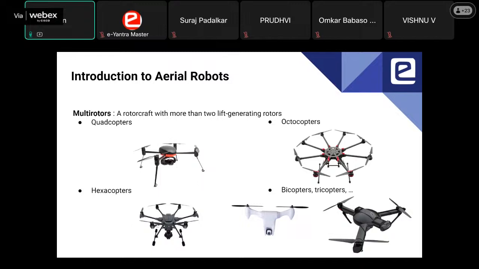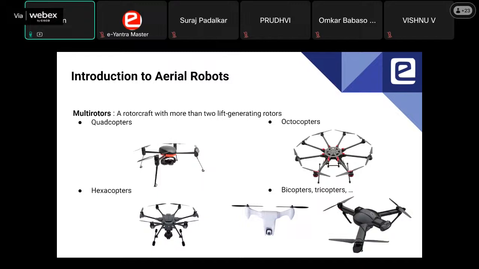But when you come to hexa or octocopters, the addition you are getting is you can lift more weight. These can be used in a situation where you have to lift a heavy payload, or you need a very stable flight, in the sense that even if one of these rotors were to fail in the middle of the flight, the remaining seven rotors here, or the five here, can manage to keep the drone in a stable hovering position.